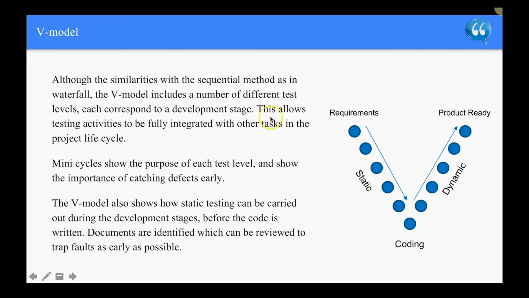I like this method because it allows your test activities to be fully integrated with the other tasks in the project life cycle. The mini cycles show the purpose of each test level and show the importance of catching defects early. The V model also shows how static testing can be carried out during the development stage before the code is written.